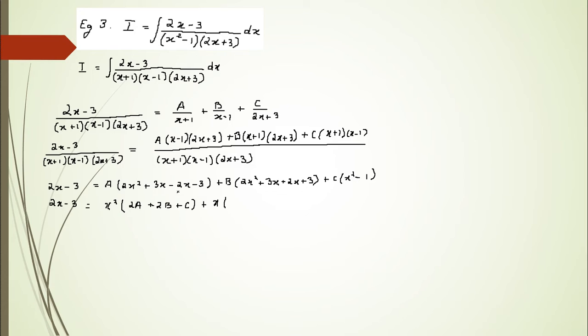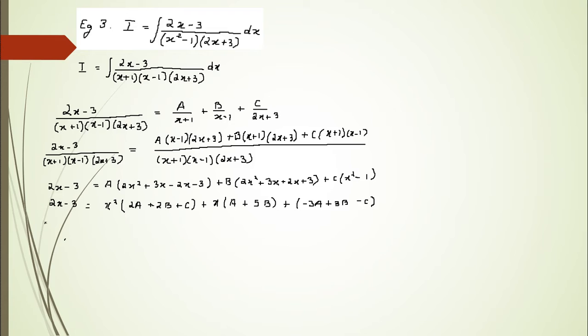Now 3x minus 2x is x, so I'll get a, plus 2x plus 3x is 5x, so I'll get 5b. Now plus I write all the constants. Here I get minus 3a plus 3b minus c.